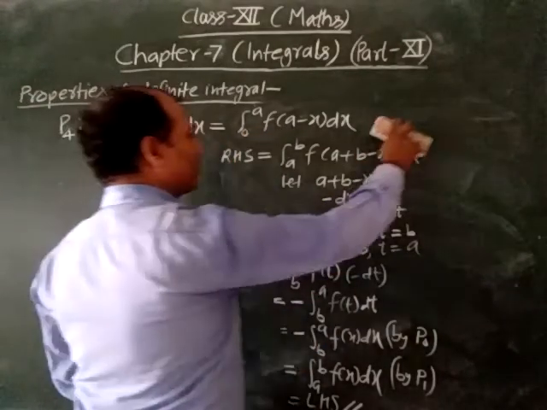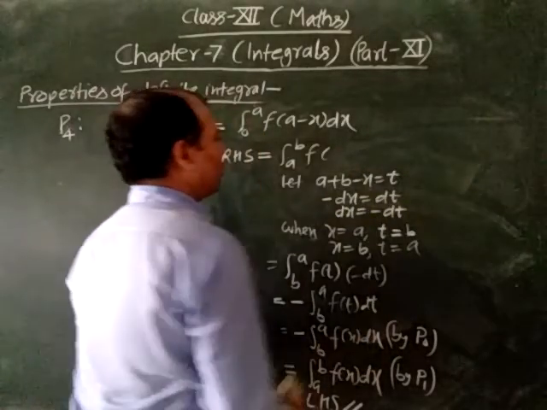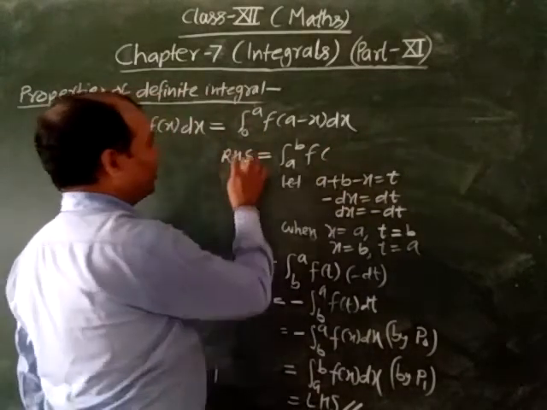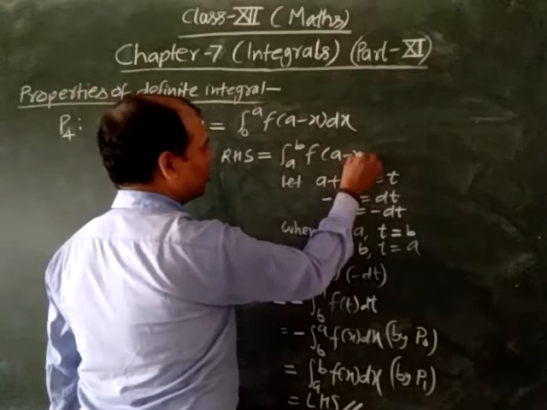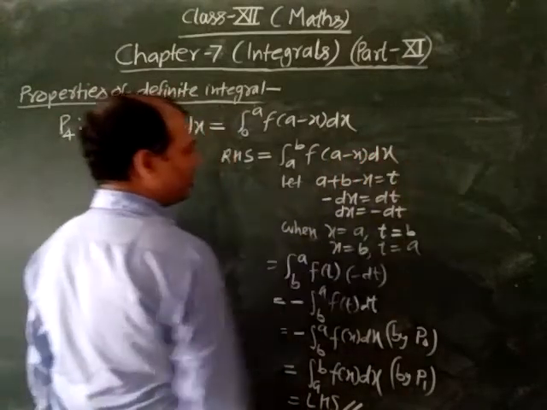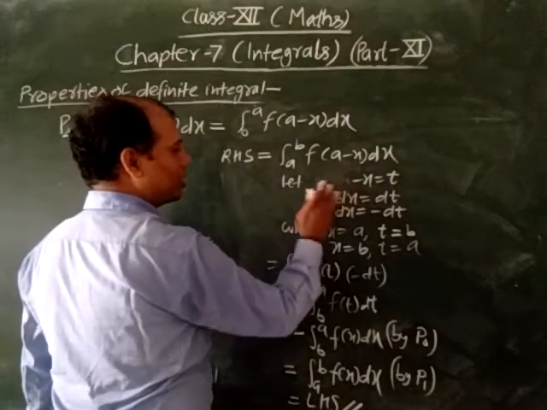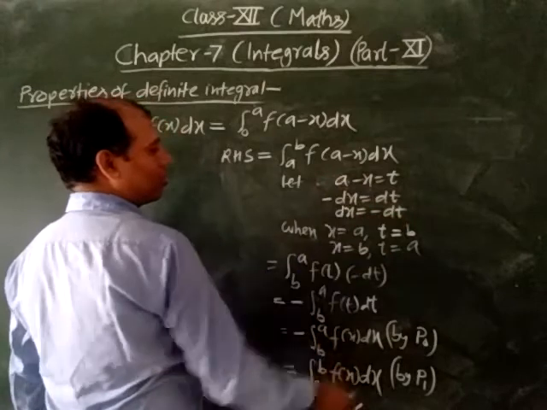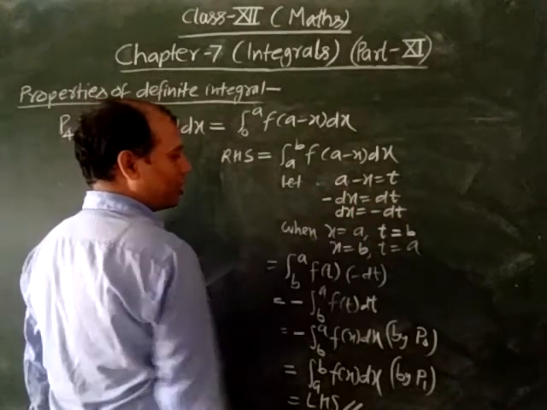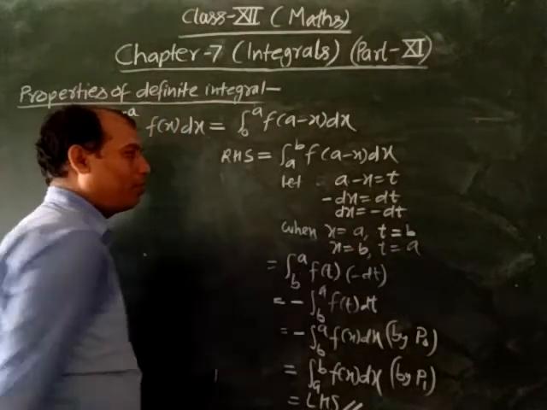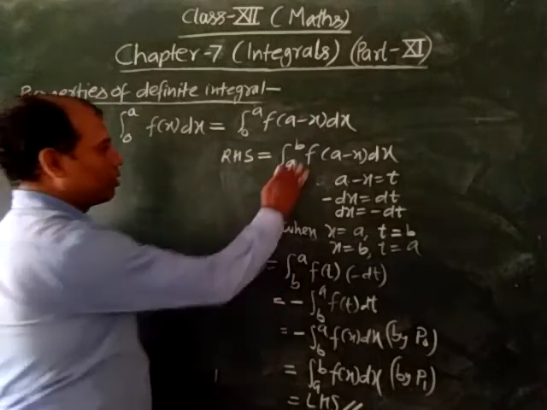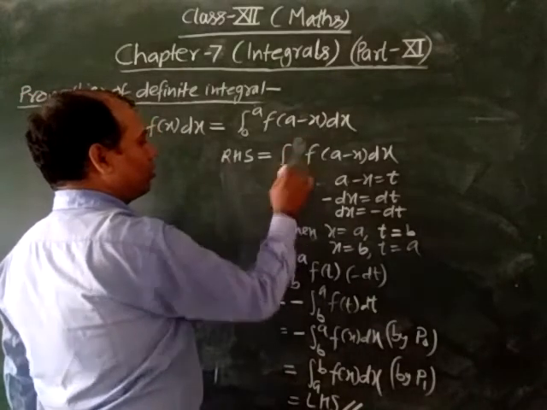Here we take RHS of this, f(a minus x) dx, a minus x is taken as t, then minus dx becomes dt, dx equal to minus dt. The limits are 0 to a.